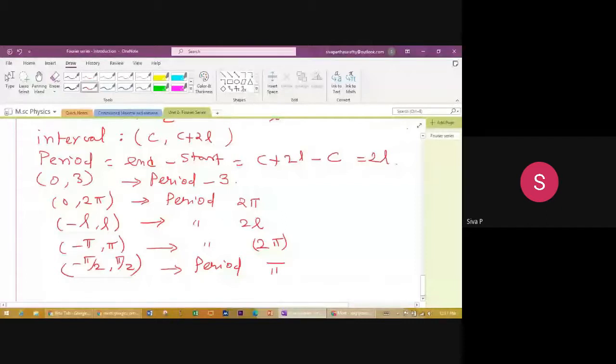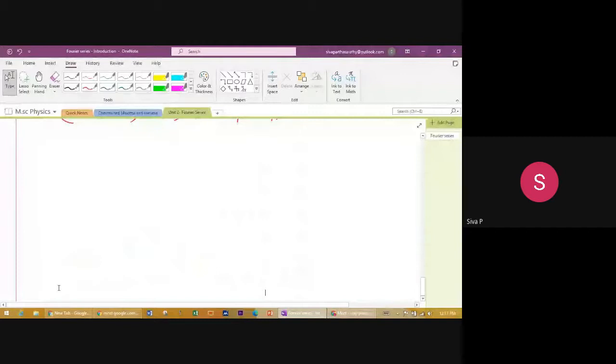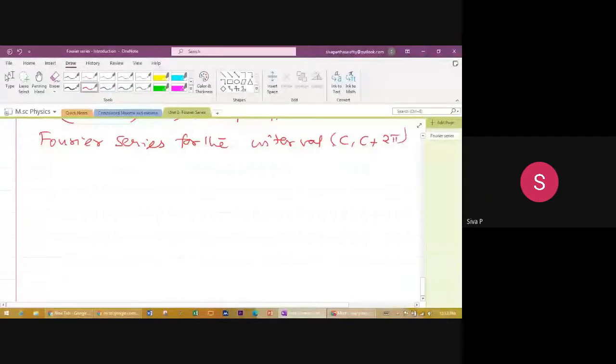Next, we write the Fourier series for the interval C to C plus 2 pi.